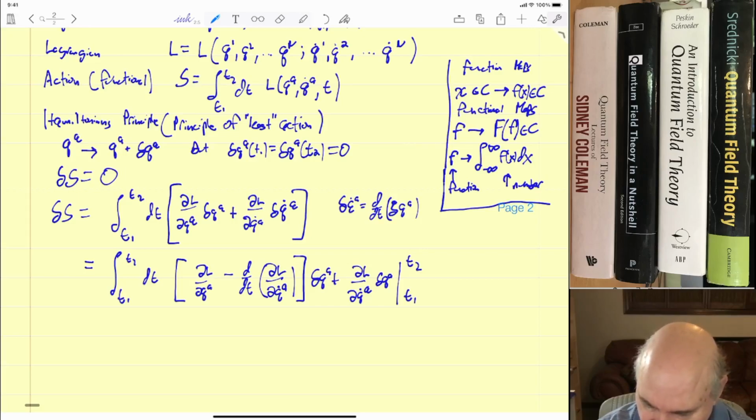Okay. And this term over here is equal to 0 because del q^A at t2 is equal to 0 and del q^A at t1 equals 0. So this evaluates to 0. We can get rid of it.